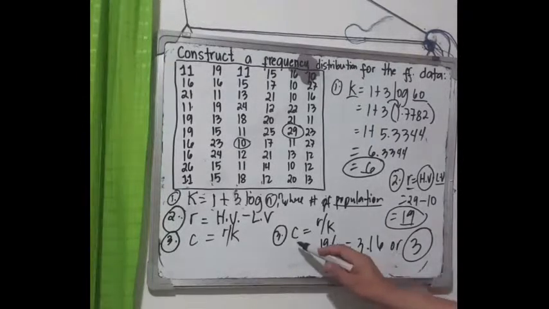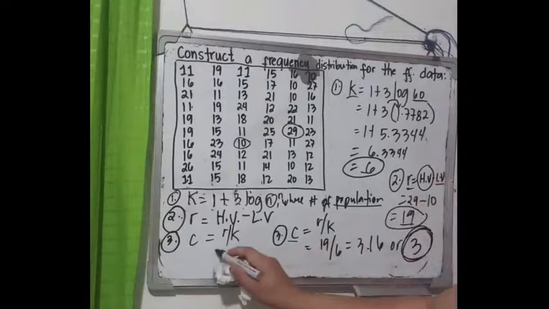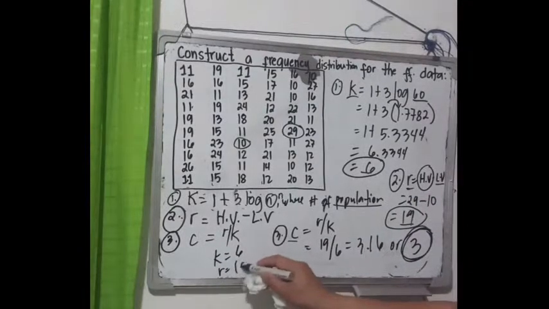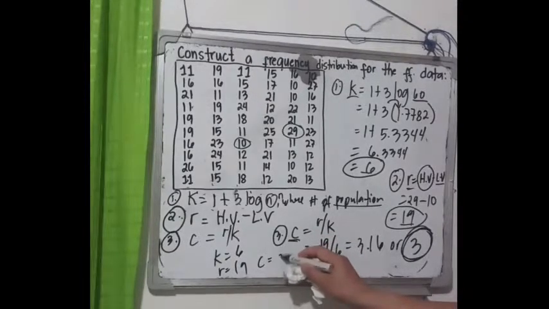So the class size is 3. Remember: the value of k is 6, the value of r is 19, and our class size is 3.